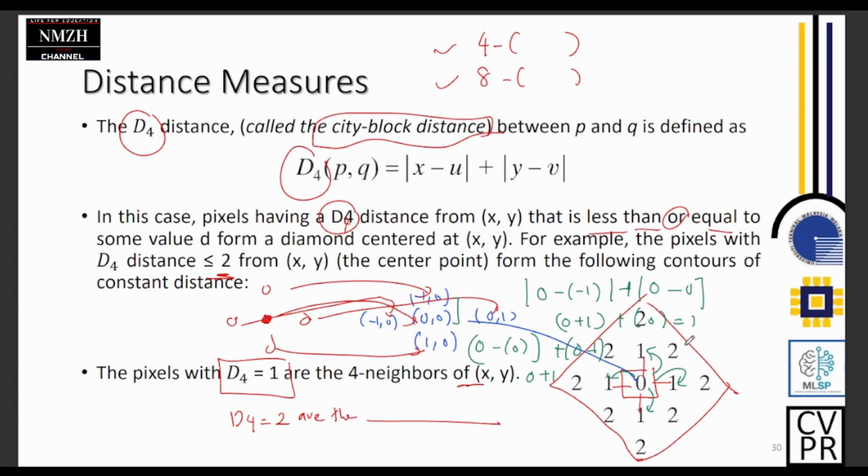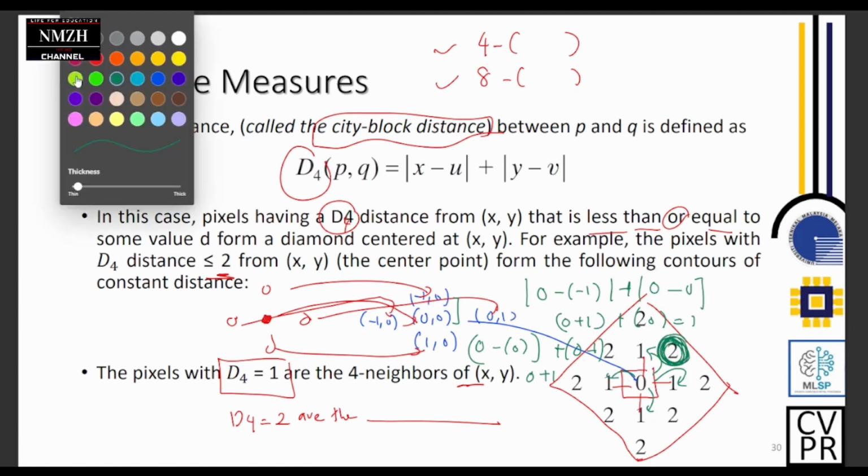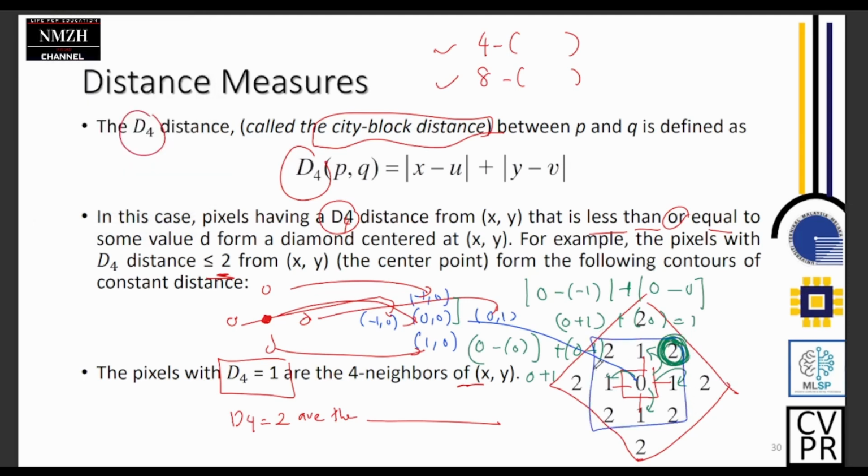For example, this one. How do we get 2 over here? Because of the location of this pixel. What is the location here? This one is minus 1, minus 1, right, because of X and Y. So 0 minus 1 plus 0 minus 1.